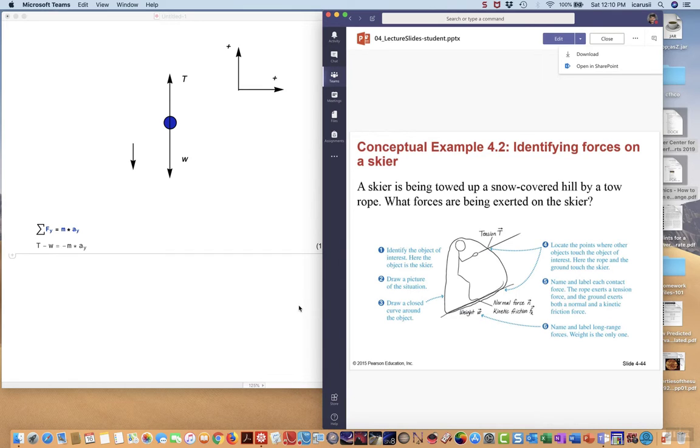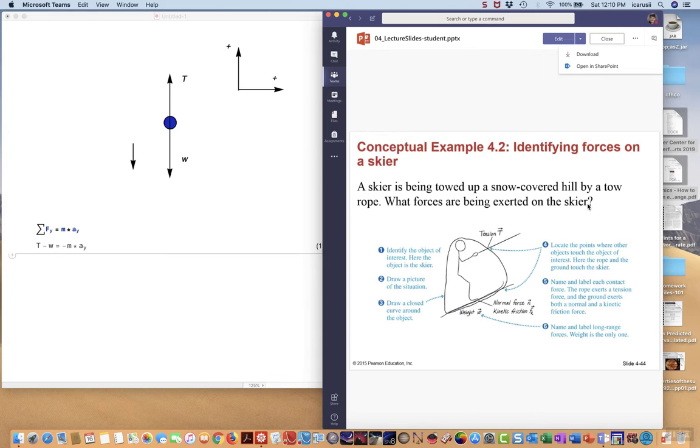So now that we have this diagram, and you should always draw these diagrams whenever you do one of Newton's laws problems, it makes life a little bit easier for you. Let's write the equations. Now, the skier is being towed up a snow-covered hill by a tow rope. What forces are being exerted on the skier?